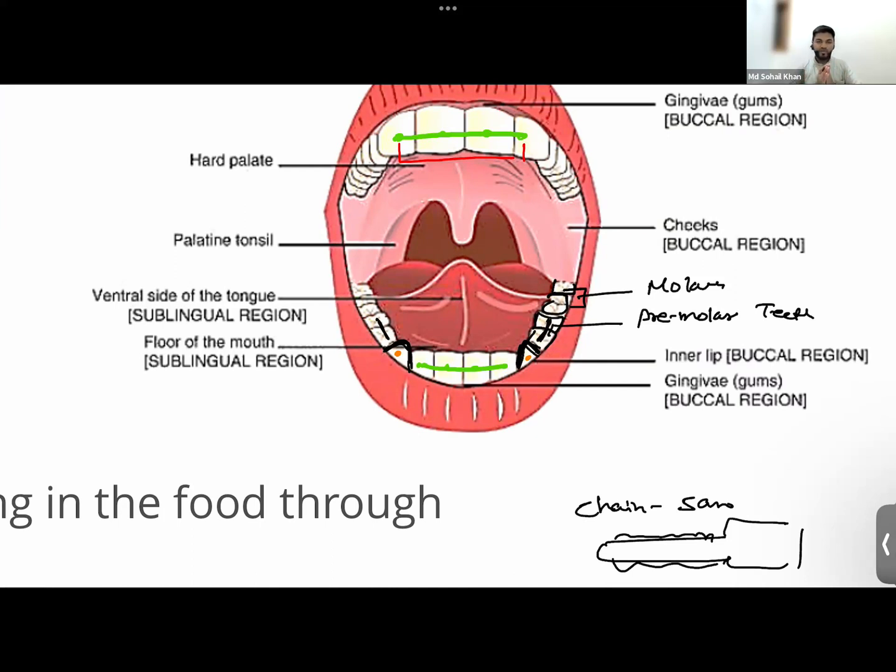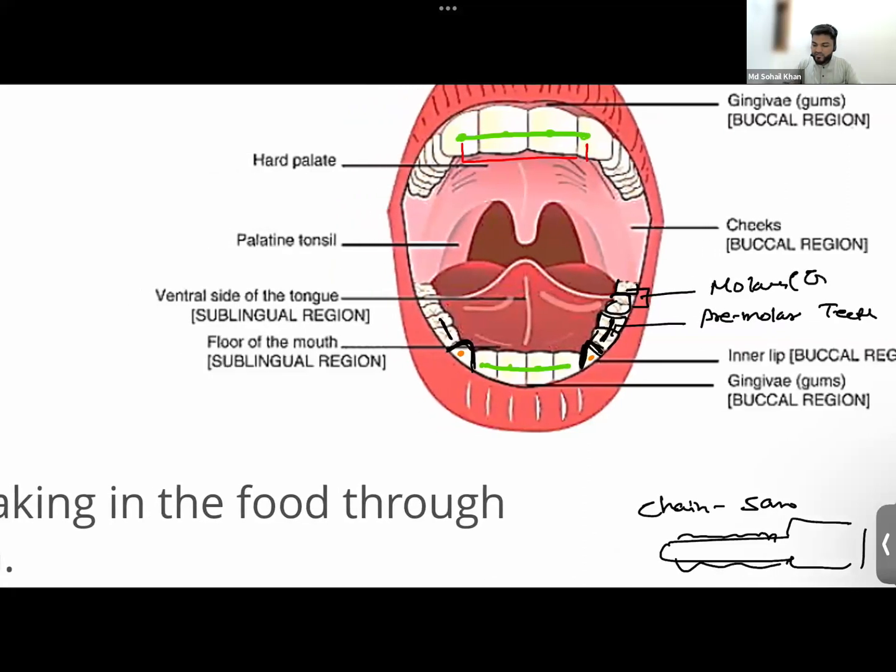Chewing is being done by the other 3 sets of teeth, the incisors, canines, and premolars. But the only function of the molar is to grind the food, to make it into a powder-like form. Like how you grind different types of spices in mixers. So its function is basically to grind the food.